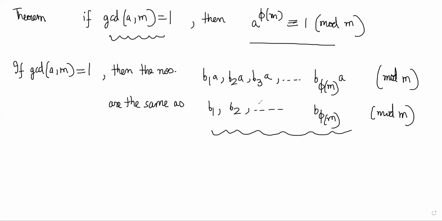What are B1 and B2 and so on? B1 and B2 are the different possible remainders that come when you do mod M.